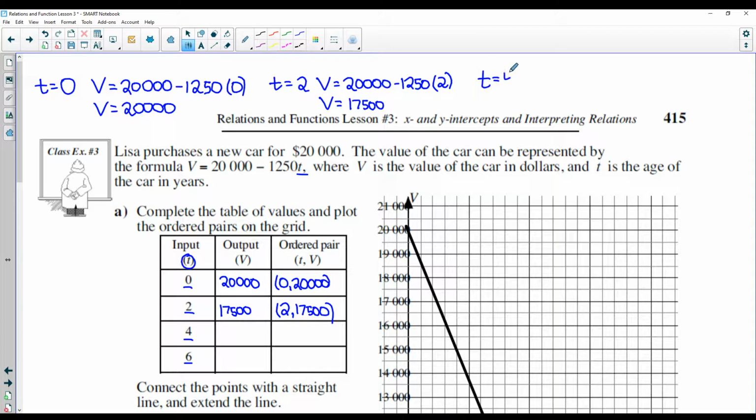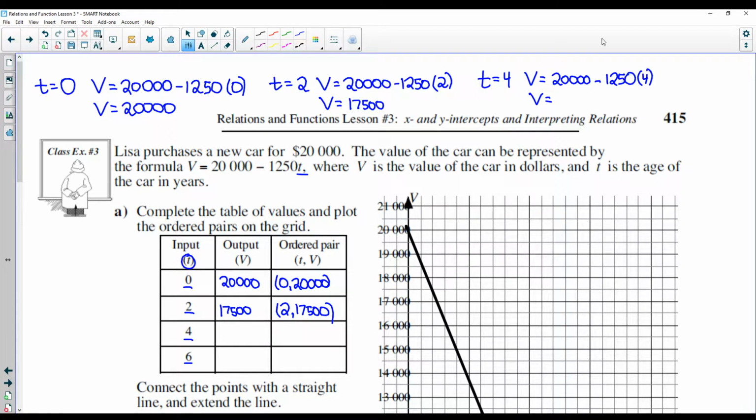And then we have t is equal to 4. And then this would be v is equal to 20,000 subtract 1,250. Multiply by, this time we're going to plug in 4. And then we'd have 1250 times 4 would be 5,000.